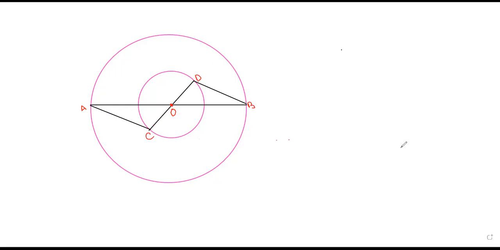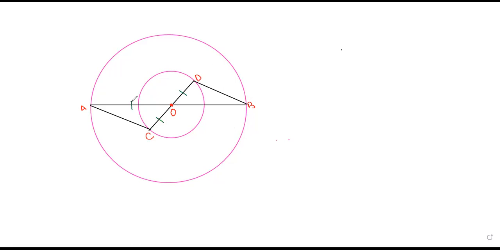Now, what do we know? Yes, I did not talk about circles yet, but still, I think by now we should know, since we have been doing past papers as well, that a circle has a radius and it is same every time. And what is the radius? It is the length from center to circumference. So this is the radius and this is also the radius, right? So this means that these two sides are same.